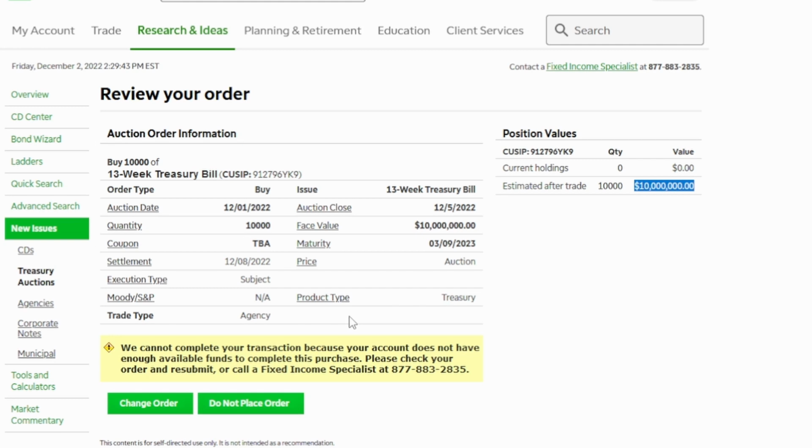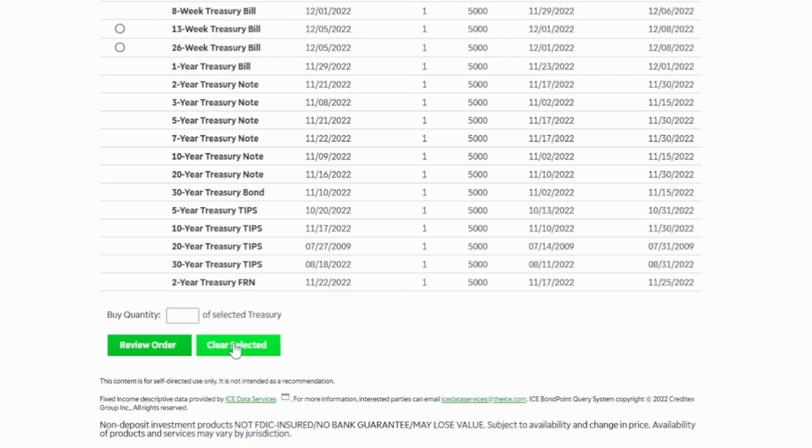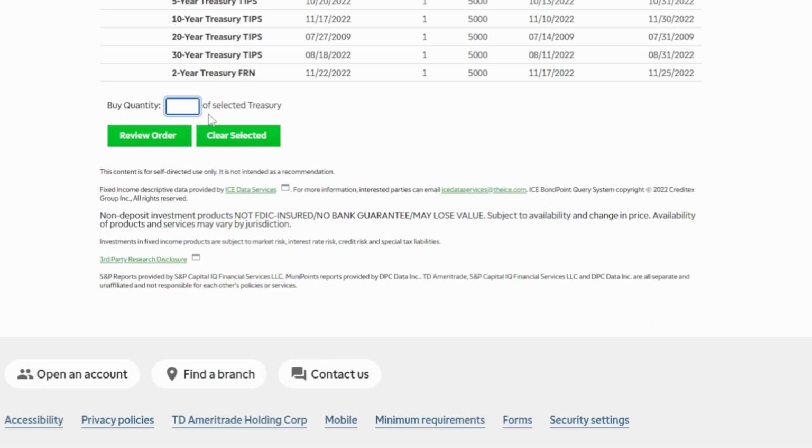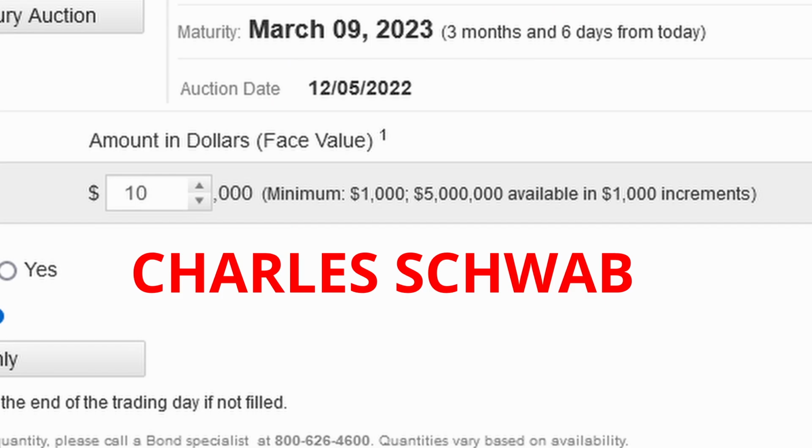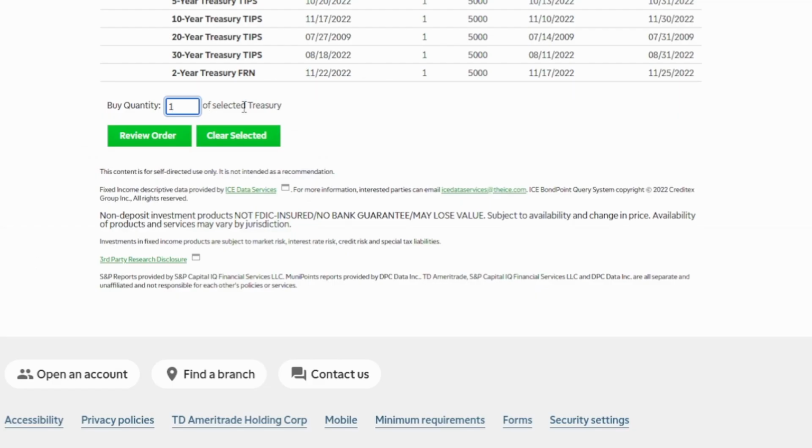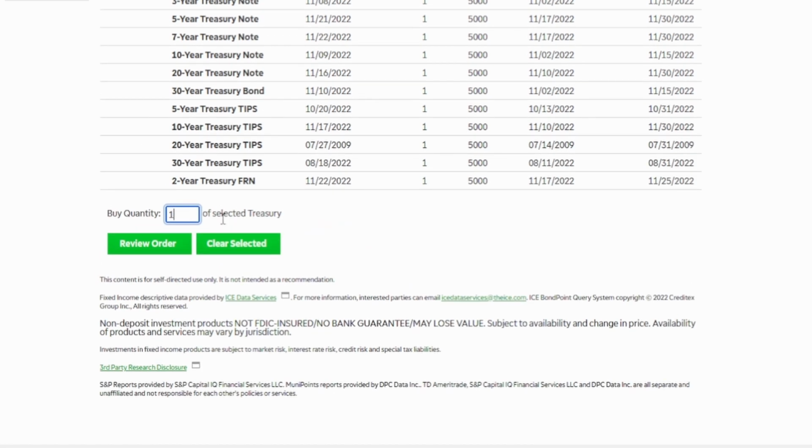So you can inadvertently trade a lot more than you want to if you don't know that. And what I like about Schwab is in the part where they ask you how much you want, they put a comma and 3 zeros next to it. So if you put 1, that means you're buying 1,000. If you put 10, that means you're buying 10,000. So there's no confusion about how much you're actually buying.